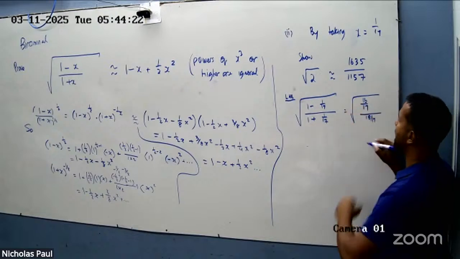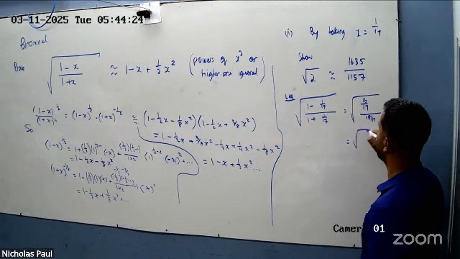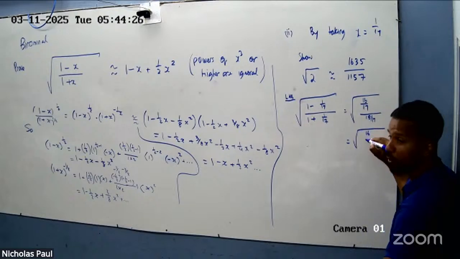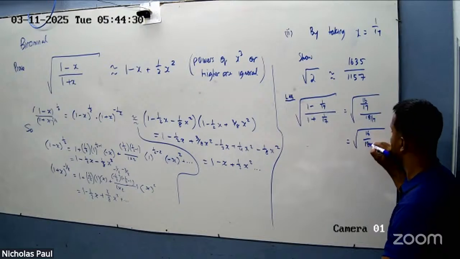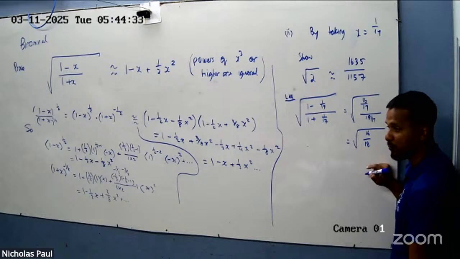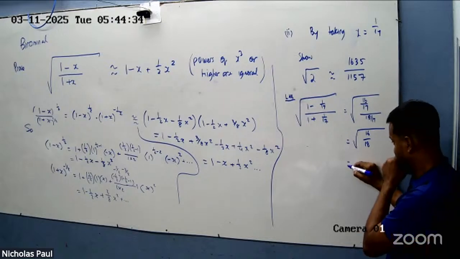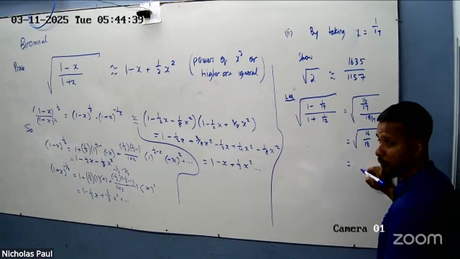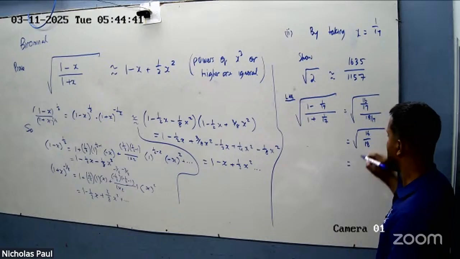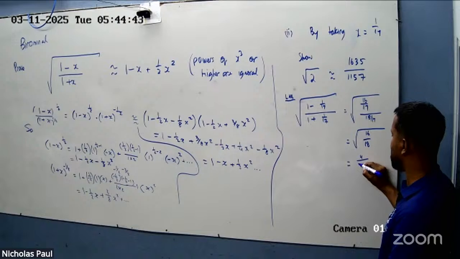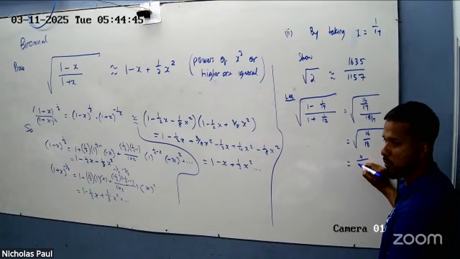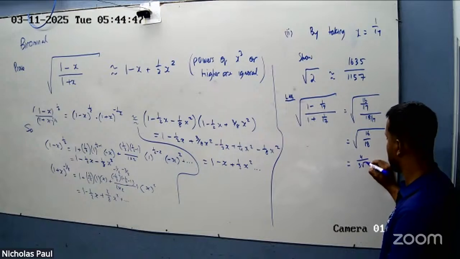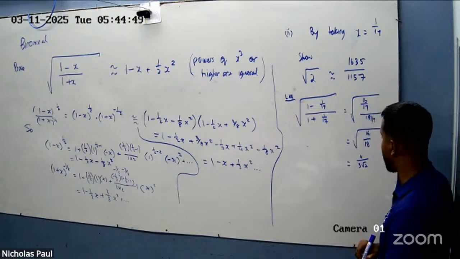When you flip them up, what you end up with is 16 over 18, right? And then if you simplify that a little bit further, what will you get? You will get 4 over 3 root 2.